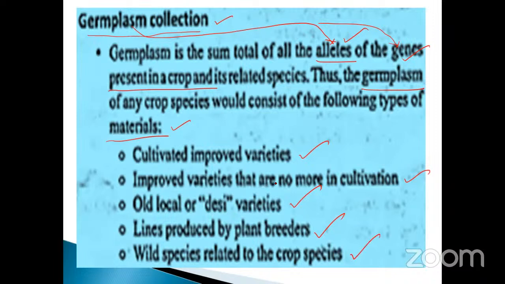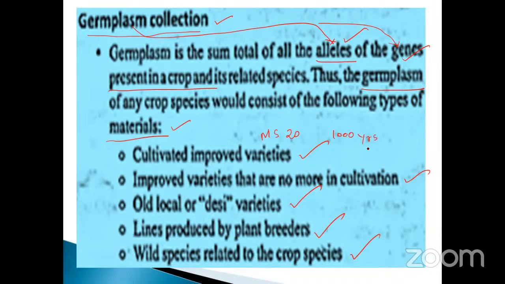This material is also important. The following types of material are very, very important. Cultivated improved variety. For example, take MS20. Just imagine this variety was cultivated 1000 years before.